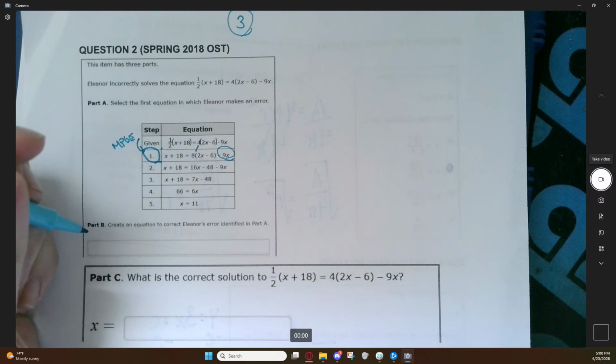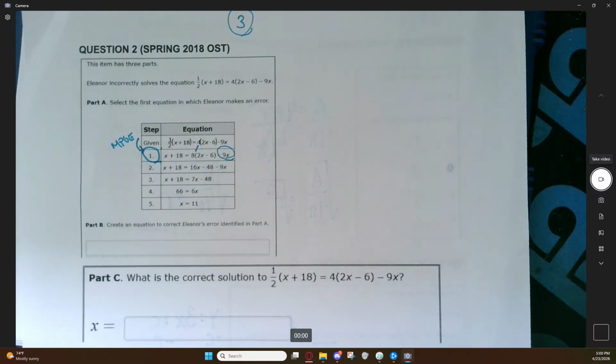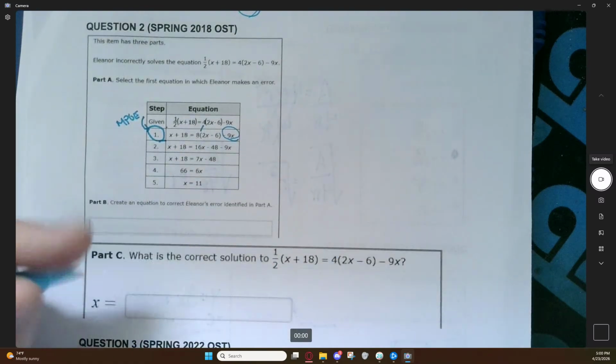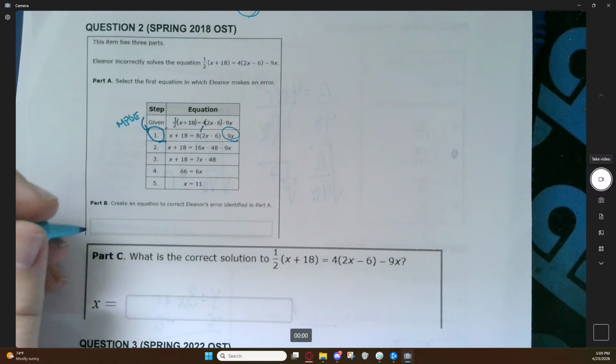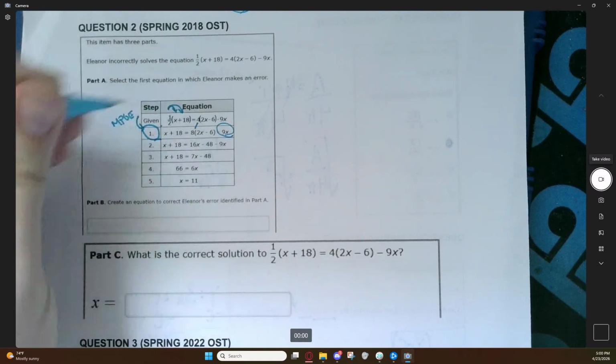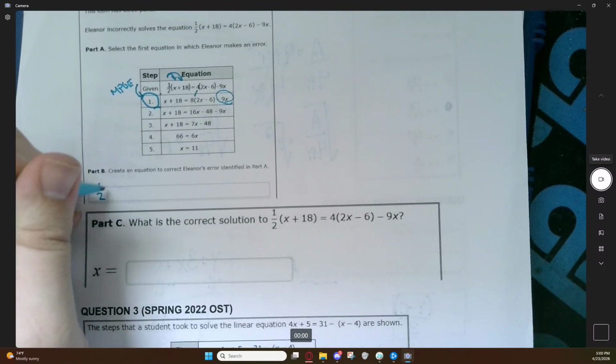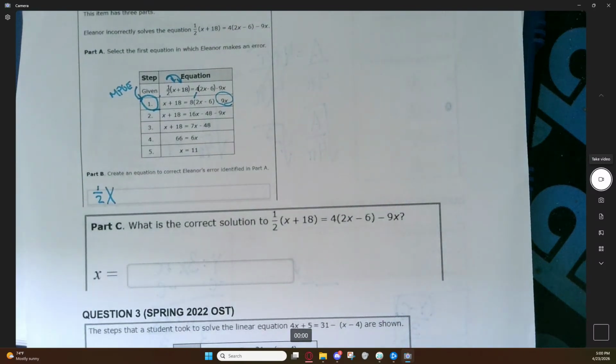Create an equation to correct Eleanor's error identified in part A. Now, you don't have to use the multiplication property of equality for part B. If you prefer to do the distribution, you can absolutely do that instead. Let's distribute. Okay? 1/2 times x is 1/2 x. If you're going this route, be very careful with how you put this in.